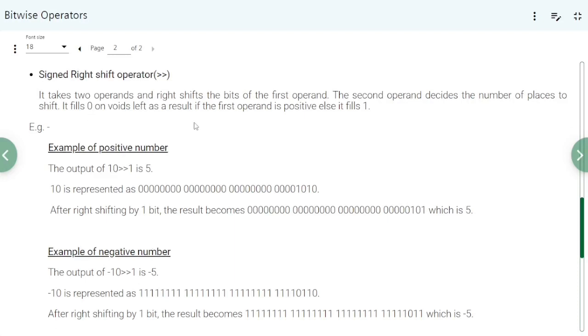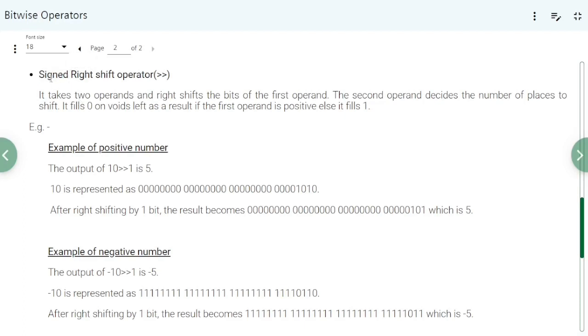So what about right shift operators? Here we are saying signed right shift operators. What do we mean by this signed thing? Let's talk about this first. Signed means when we are representing a decimal number in binary, we are considering the sign of that number as well.